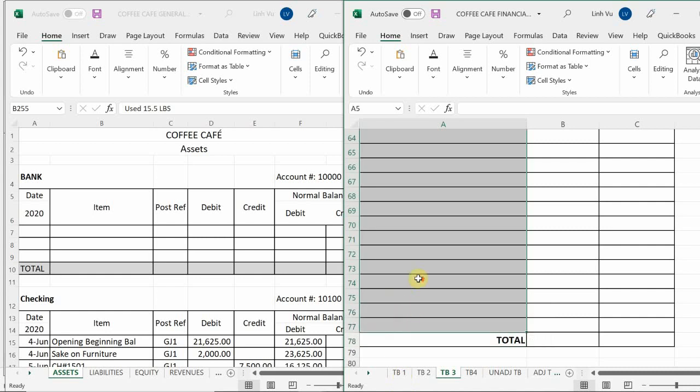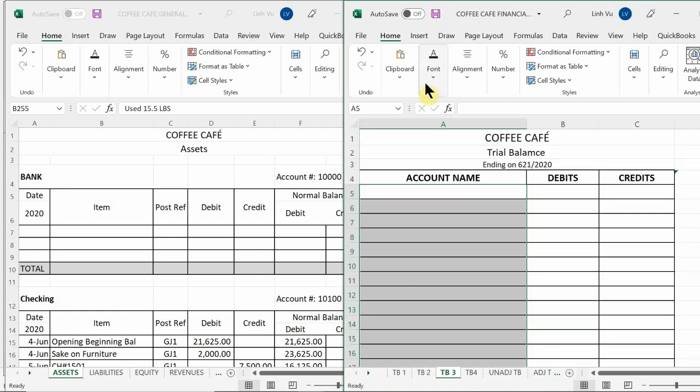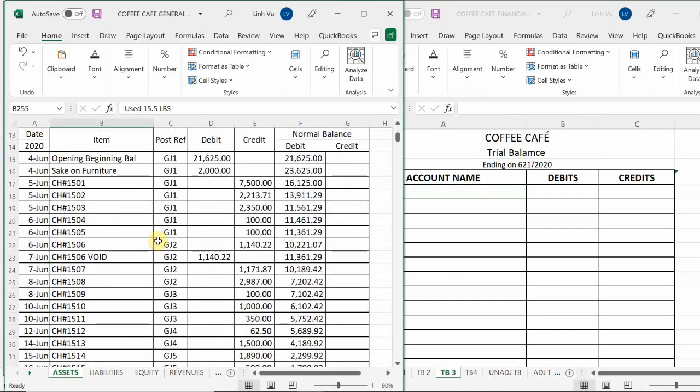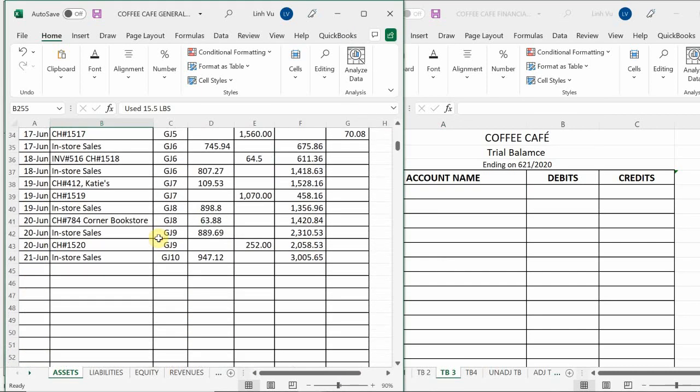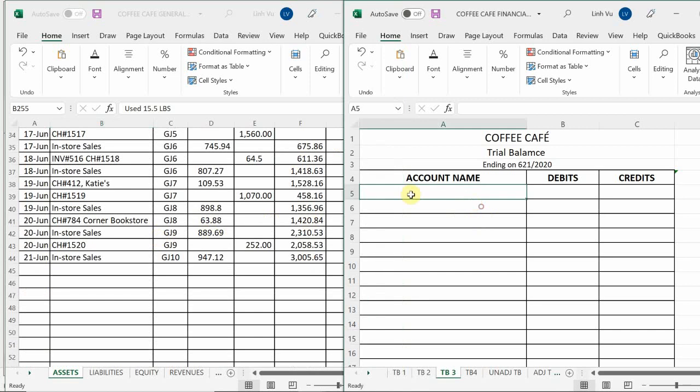Now in this case, like I mentioned before, we're going to practice exactly how we've been doing it. So starting with our first account in our assets, it's going to be checking. We're going to go down the entire list of accounts and list them out with their appropriate respective debits and credits.